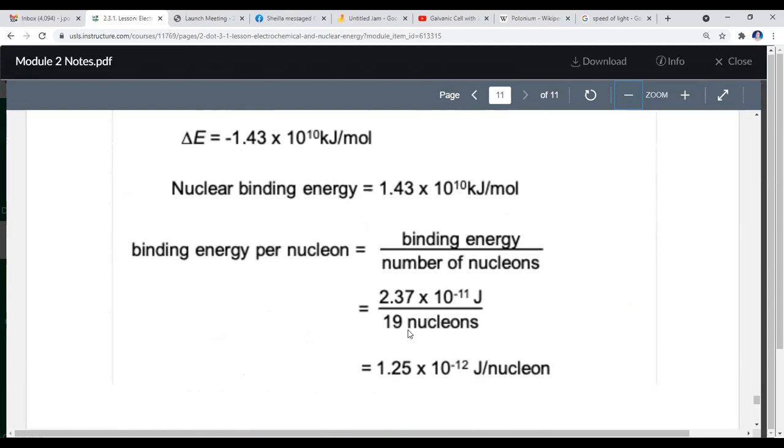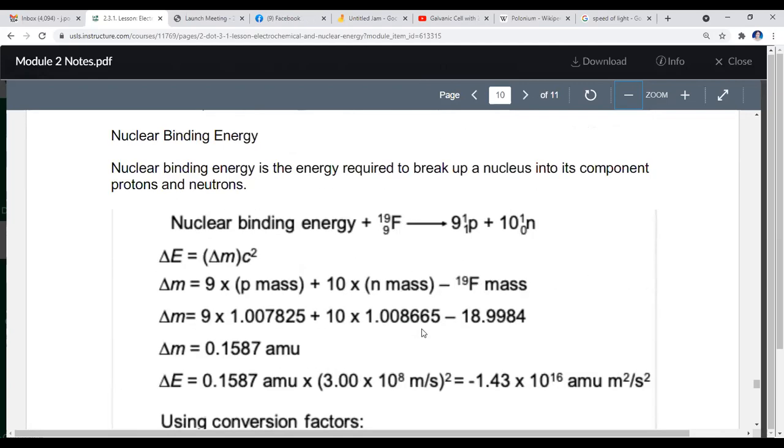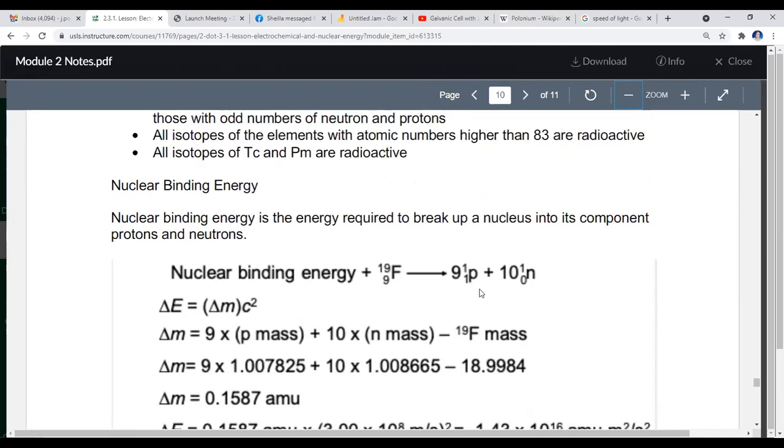You take the sum of the protons and the neutrons, and that should give you 1.25 times 10 raised to negative 12 joule per nucleon. Again, nucleons, the sum of the protons and neutrons in the nucleus of our atom, in this case, our fluorine atom.